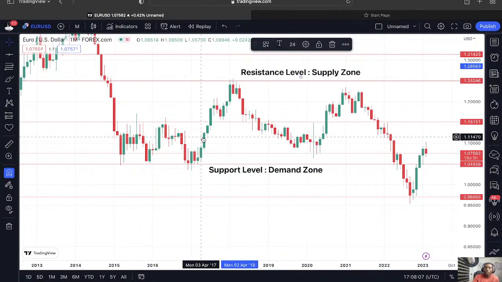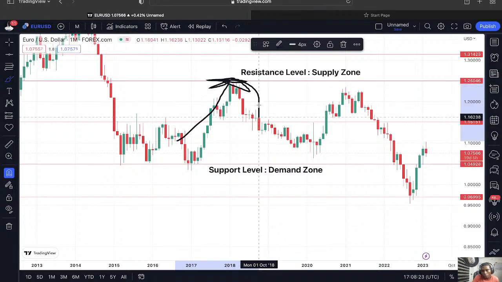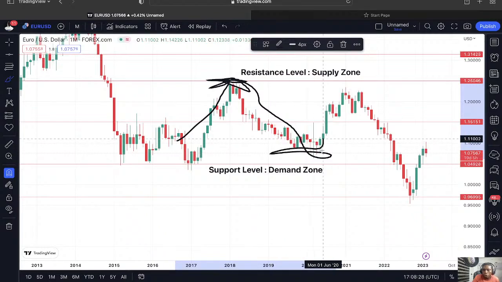So here price goes up, and price is resisted from going up further, and sellers sell off here at the supply zone. Price falls and comes to the support zone, meaning the level where price is being resisted from falling further.